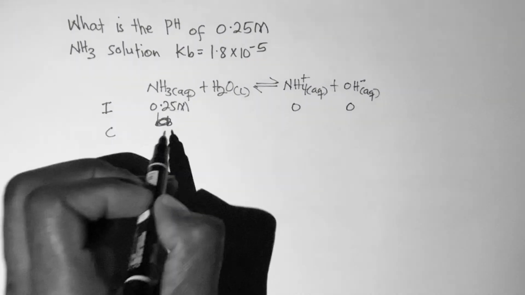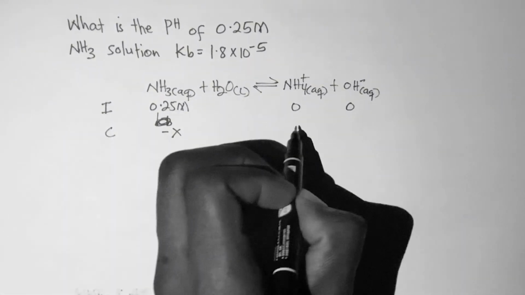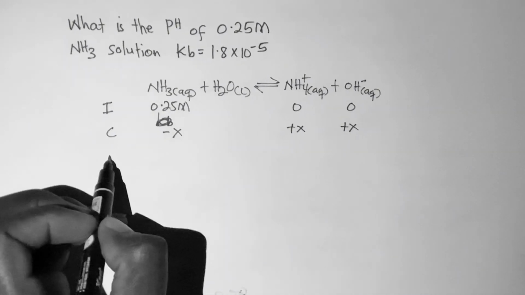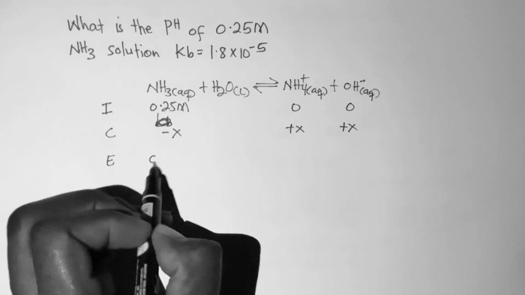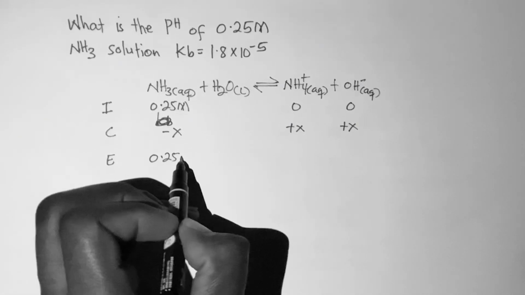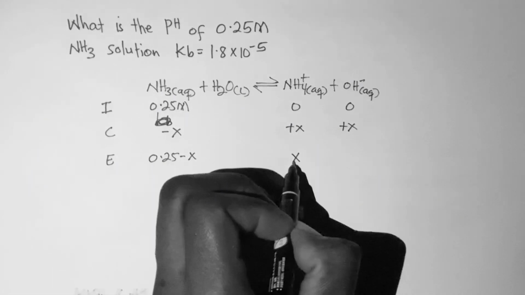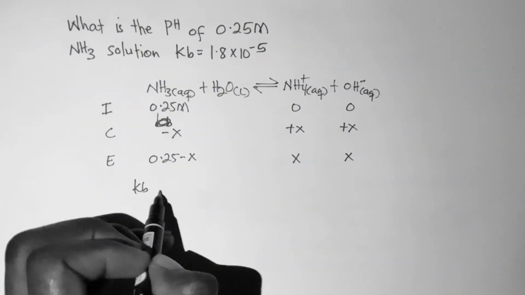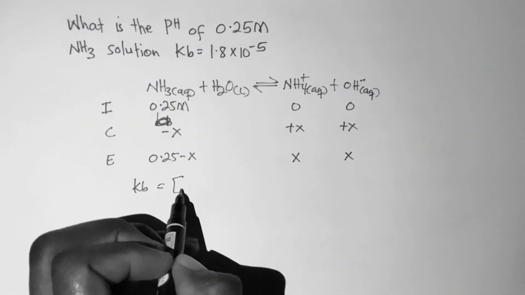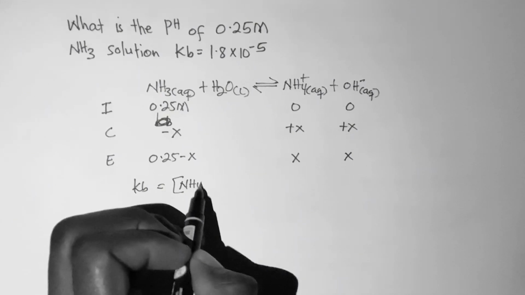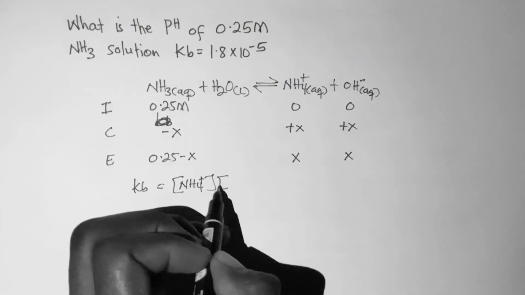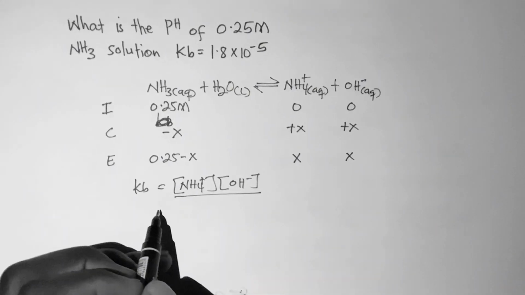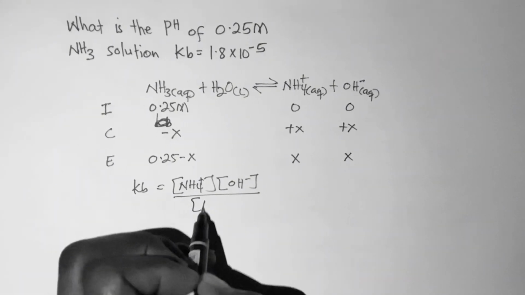The change here is minus X, here is plus X, and this one too is also plus X. Then the equilibrium concentration, this one is 0.25 minus X, and here's X, and then here's X. So Kb is equal to concentration of ammonium ions times concentration of the hydroxide anions, then divided by the concentration of ammonia.